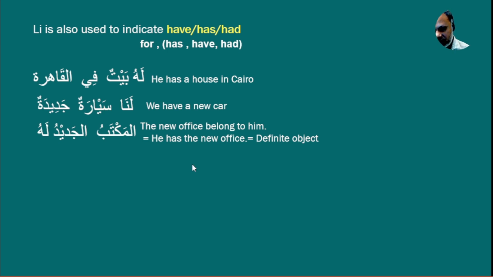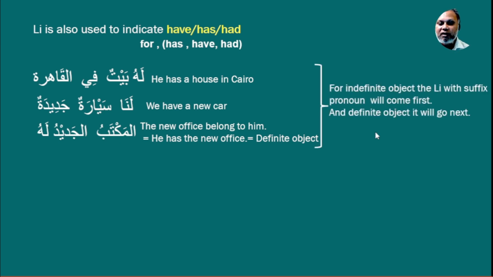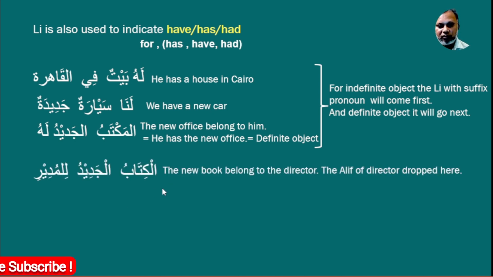If the object is definite, then the object will come first. But if the object is indefinite, then the lahu, la with a pronoun, will come first. Here, he has a house in Cairo. House is not definite. There is no al, and it could be any house. That's why the house goes next and the la with a pronoun comes first. This is the rule.